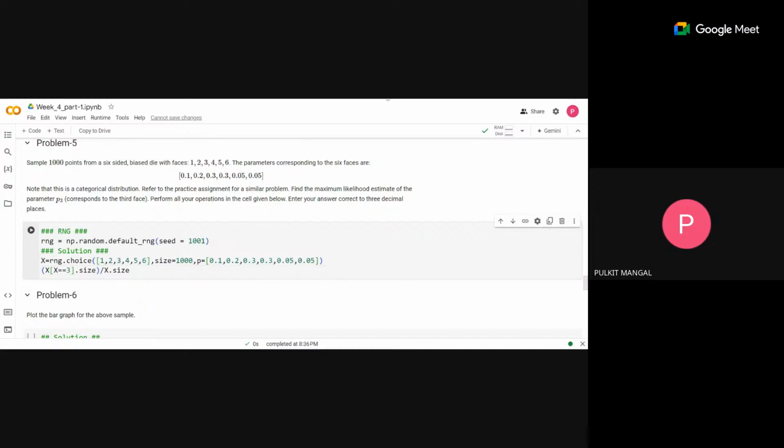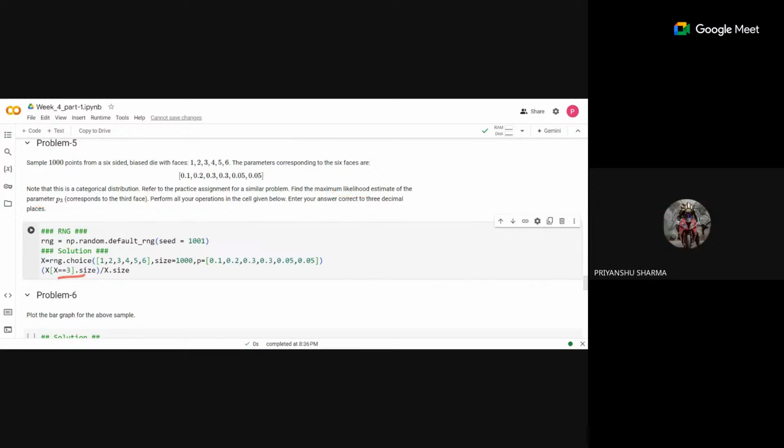X dot size means again 1000. A student asks why we are selecting 3. Because it is asking for the MLE for the parameter P3. Okay, yes, that's why.